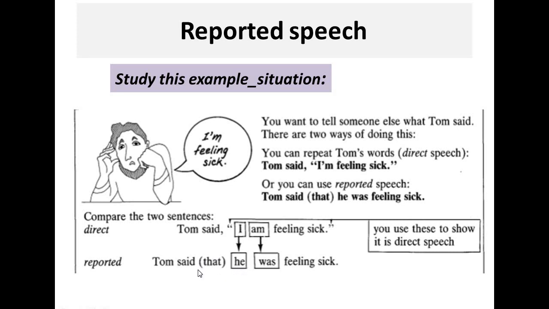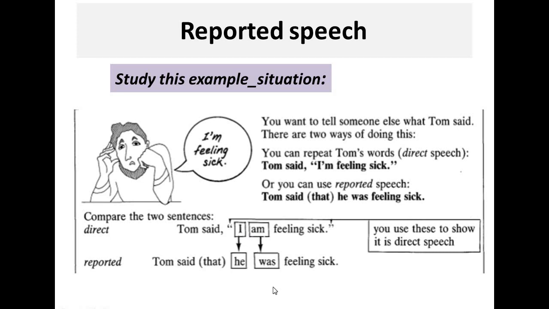So here we never have that between parentheses. It is optional. So Tom said that he was feeling sick, or Tom said he was feeling sick. Two possibilities. And here you can compare.